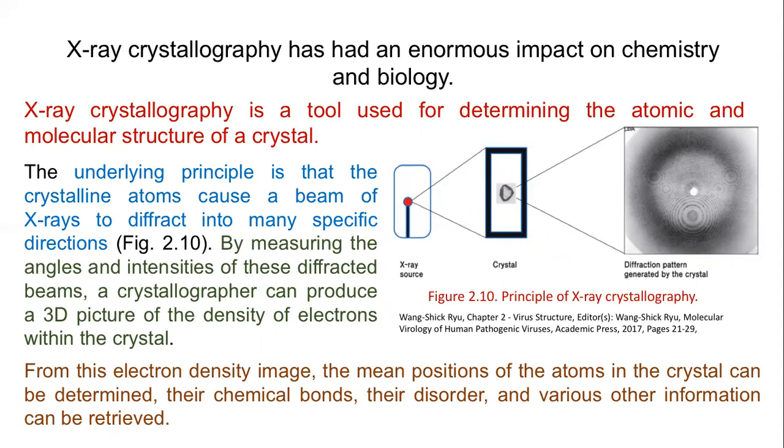So this not only helps us deduce a 3D structure of the material, it also helps us in understanding the different types of chemical bonds existing within the atoms or between the atoms in a crystal, and the order in which they are arranged. So if we can understand the order, we could definitely see the disorder also when there is any change in the conformational states of the matter.